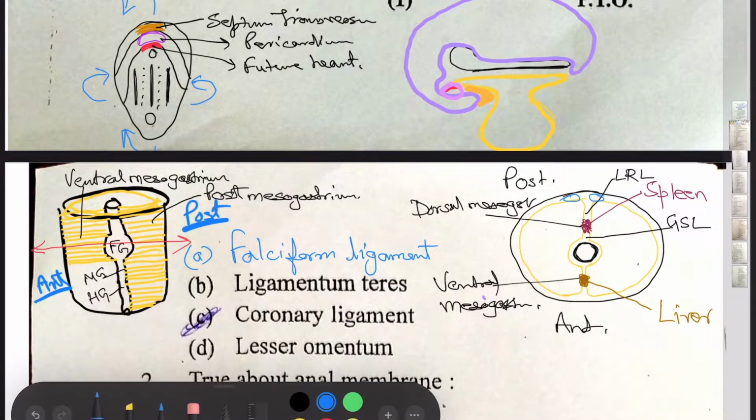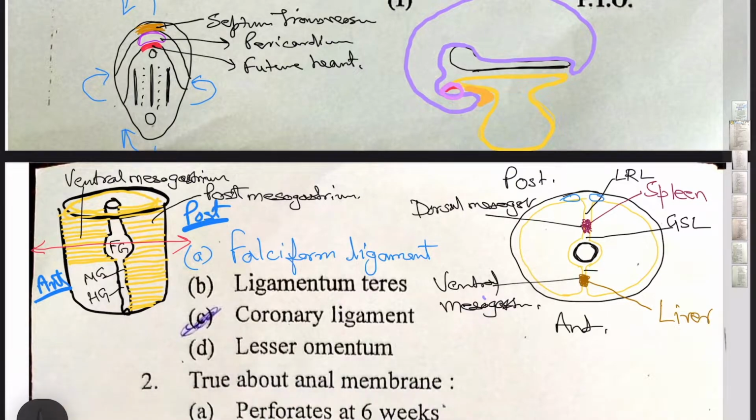And this fold here between liver and this anterior curvature, which actually forms the lesser curvature of the stomach, from the lesser curvature of the stomach, this will be called lesser omentum. Now this portion of the ventral mesogastrium, the anterior-most portion, which binds the liver to the parietal peritoneum and to the undersurface of the diaphragm, to the diaphragmatic peritoneum, this will form the falciform ligament.